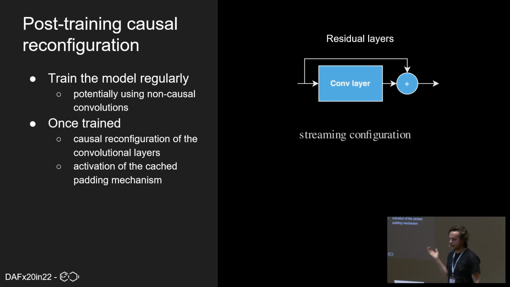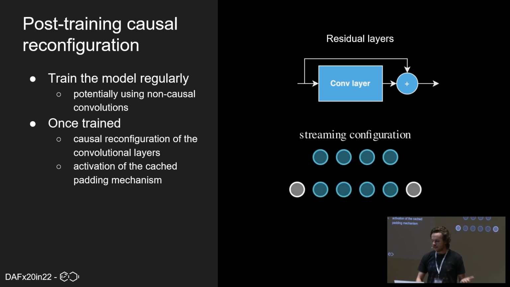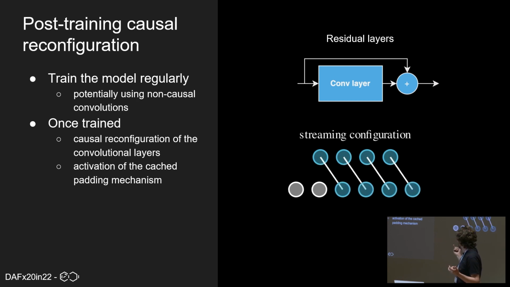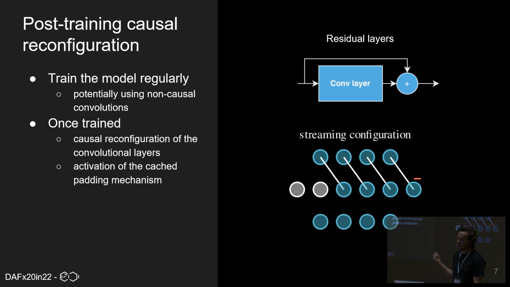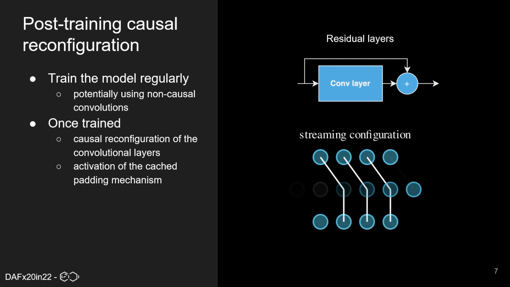Thus, when we take the streaming configuration, which is taking the original layer and switching the padding from non-causal to causal, we're going to make some kind of misalignment between the input and output of the layer. Thus, when looking at the output of the convolution, we can't really sum them together as during training, since there is a mismatch between input and output of the convolution.